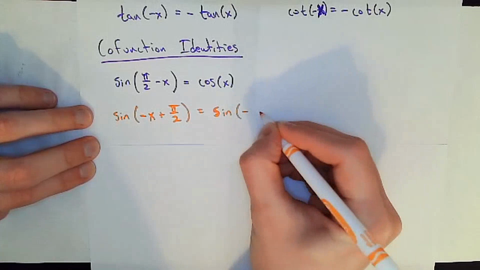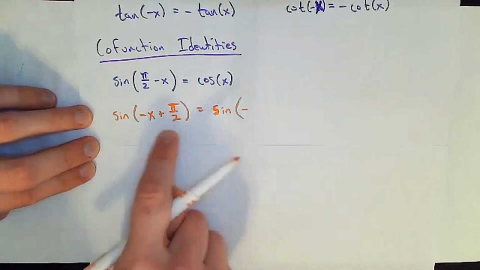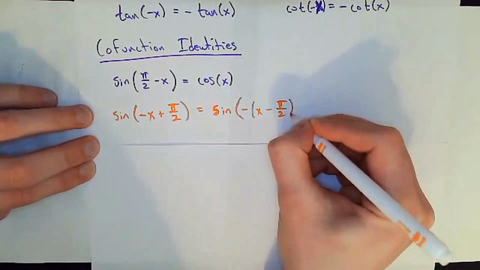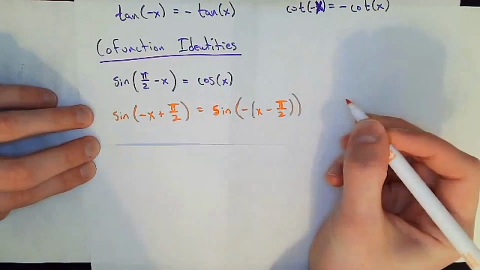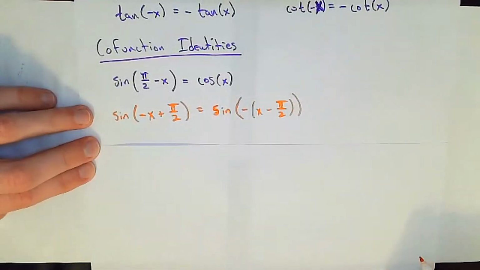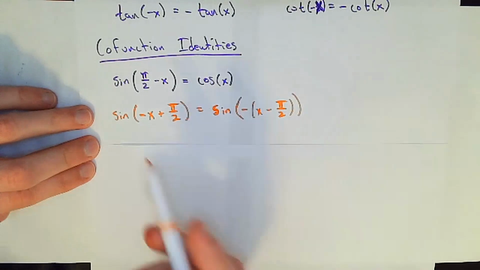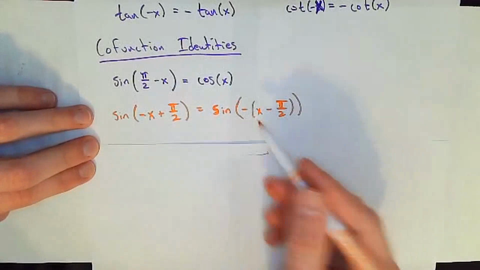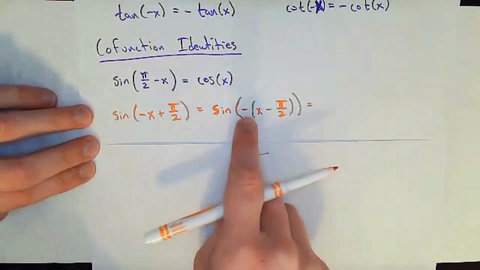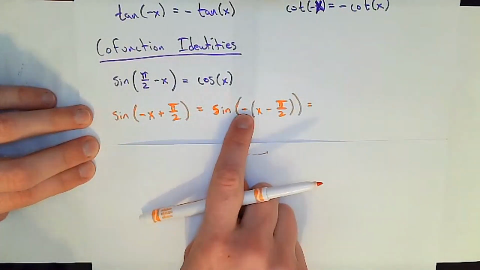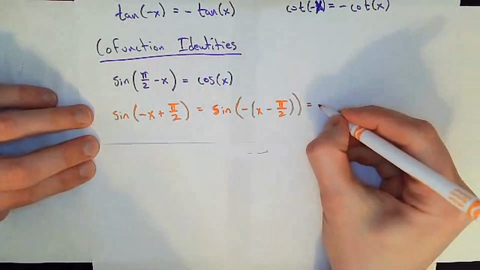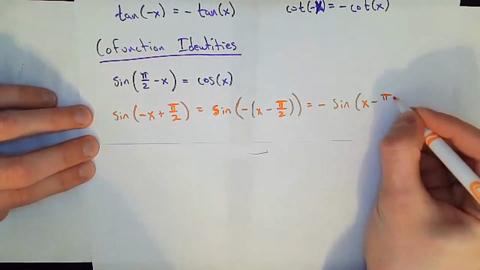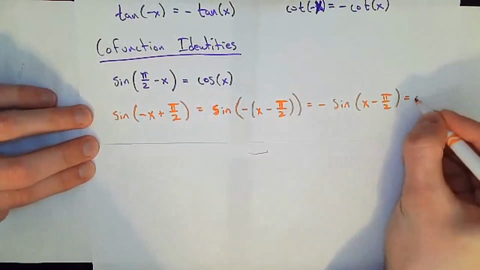I'm pulling a negative off of these two terms to make that x positive. So I'm getting this. I just pulled a negative off of x and the positive pi on 2. Oops, the negative's right there. Now I'm going to pull that negative outside. What does a sine function do with a negative input like that? You can throw it outside. So I've got a negative on the outside and then x minus pi on 2. And that is equal to cosine of x.